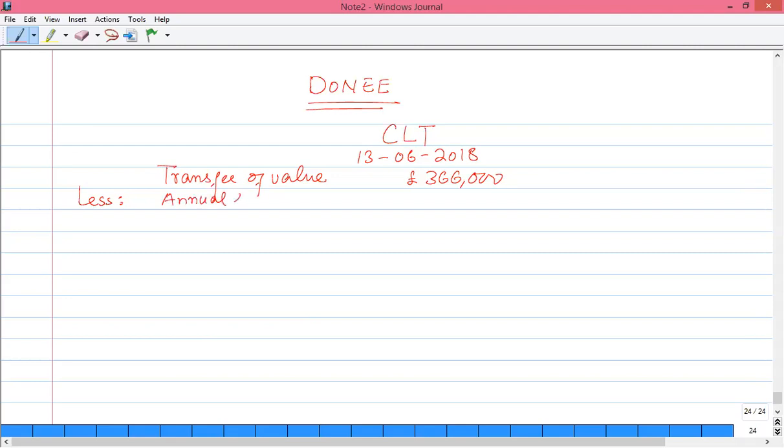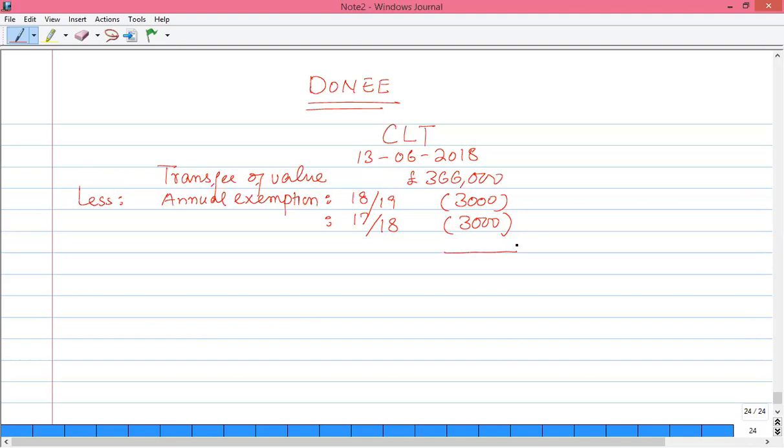Yes, there is an annual exemption, and that is 18/19, the current year first, and then 17/18, as there is no previous year. So we have last year's annual exemption to be carried forward.